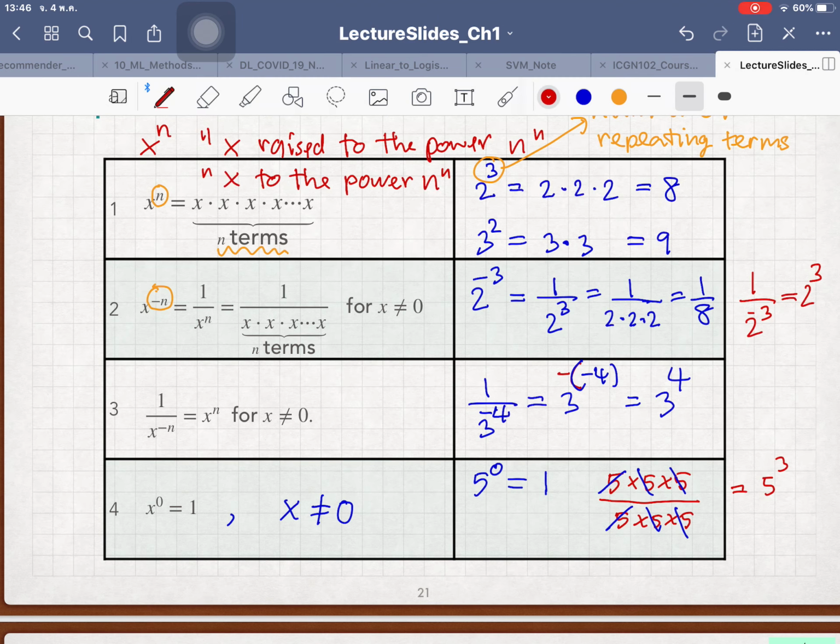Let me put the term at the bottom. It's going to be the same thing as the term on the top, so this will be 5 to the power 3 again. And we know that the result needs to give you 1.